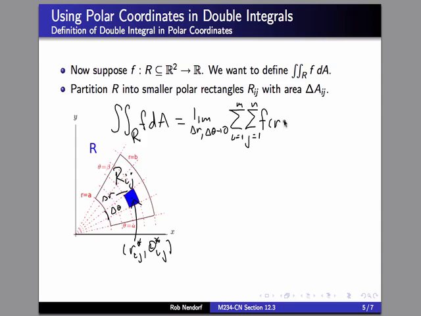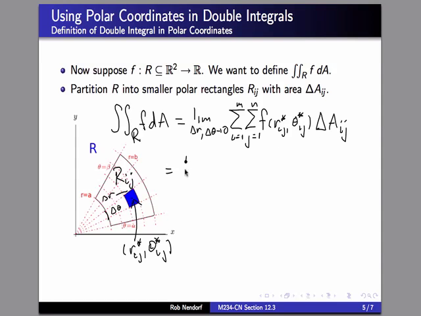So we have f of r star theta star, and these are both sub ij, and then times delta A ij, which is defined to be the area of R sub ij. Alright, so this is the natural thing to do, and now we can just substitute in the formula that we just used for delta A.